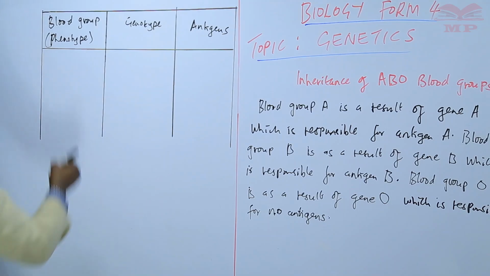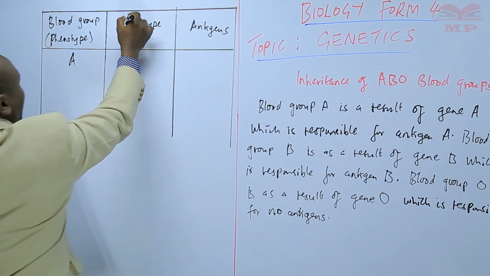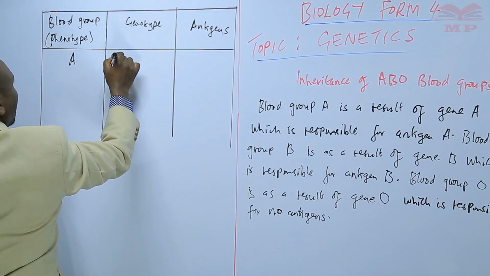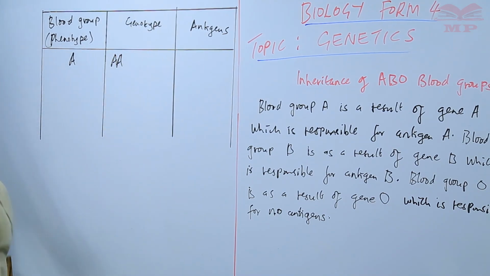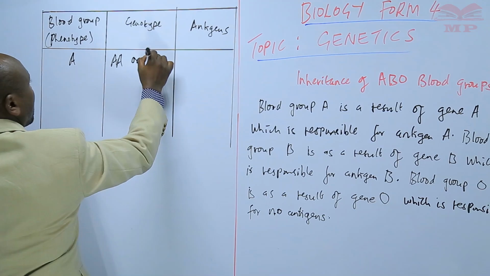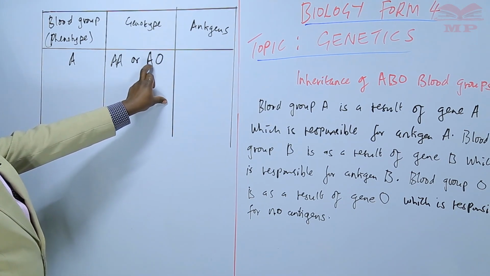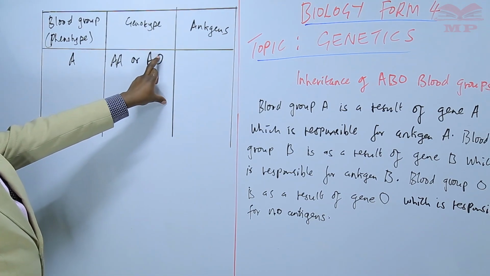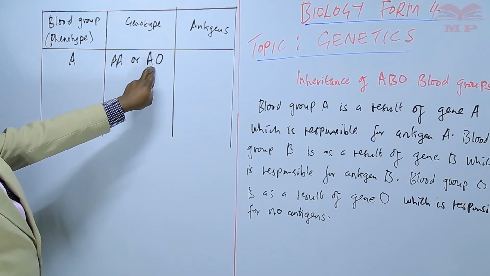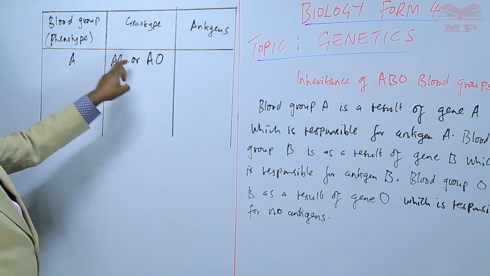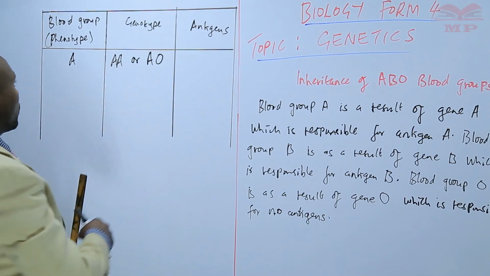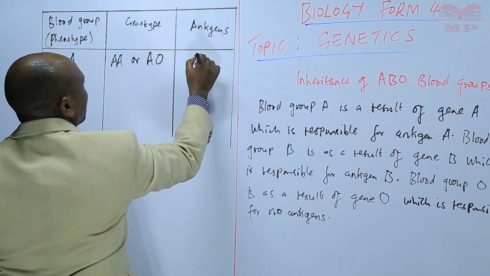So we have blood group A. The genotype can either be AA, that is where we have the two alleles for blood group A, or AO, because O is always recessive in the presence of A. So O cannot express itself here. So this person is blood group A, heterozygous or homozygous. So this person has antigen A.